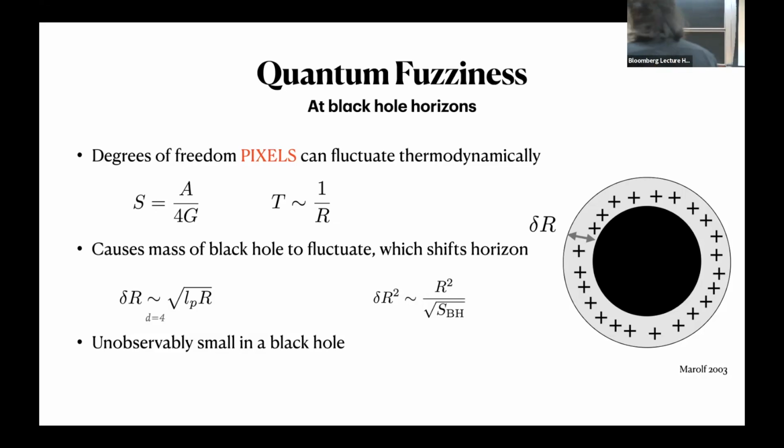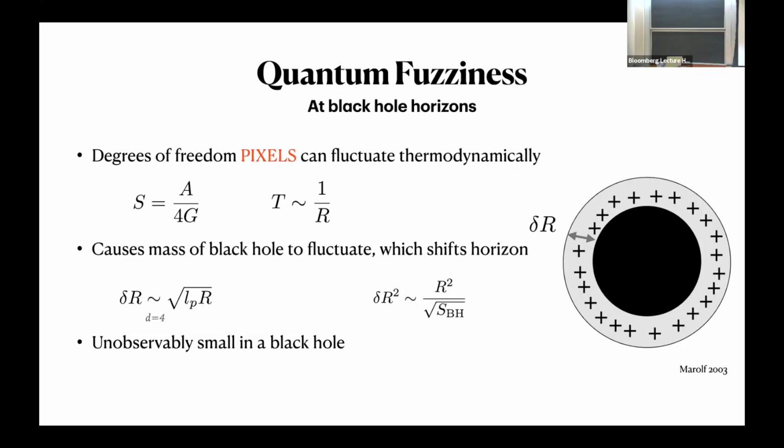So I was talking about this example from 2003, where he was looking at the entropy of a black hole. He was asking the question, if I think about this entropy as pixels that have a typical temperature that's set by the size of the black hole horizon, and then I allow for fluctuations as in the canonical ensemble.